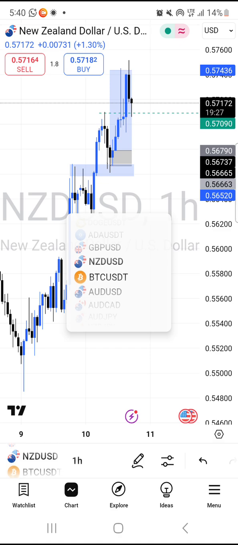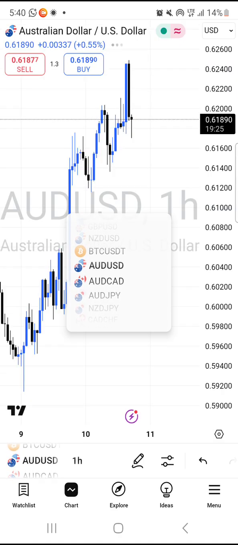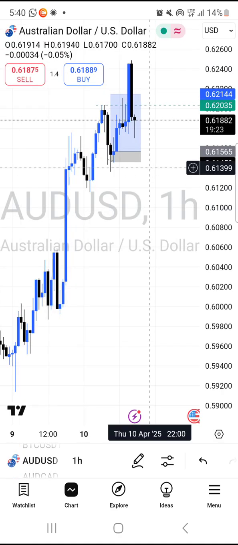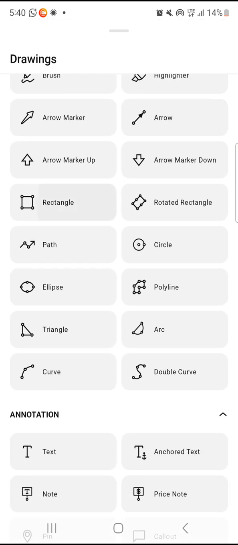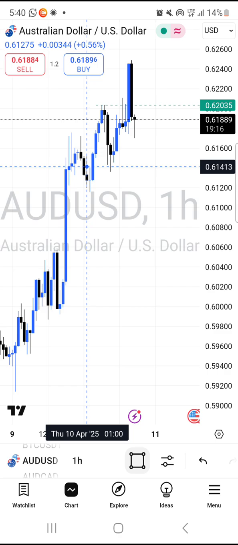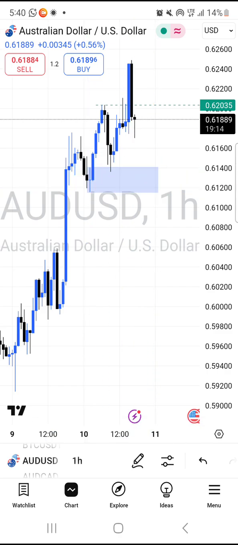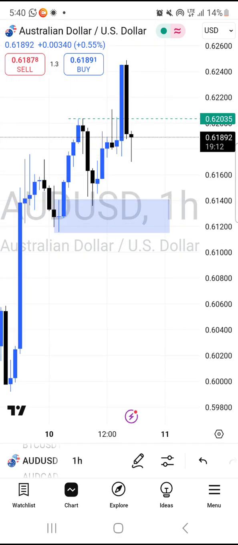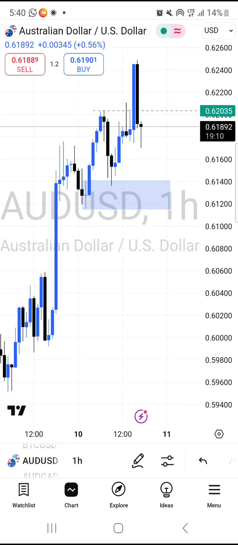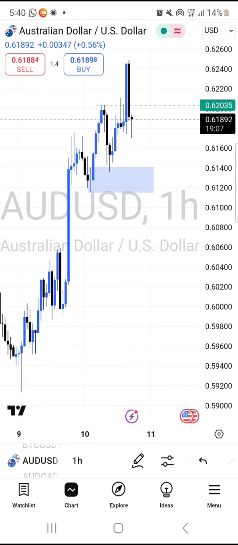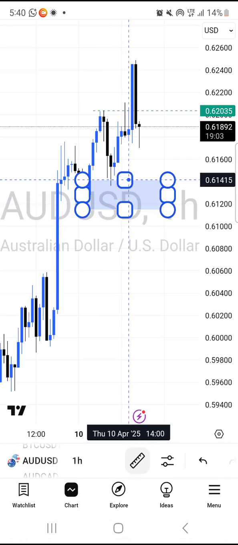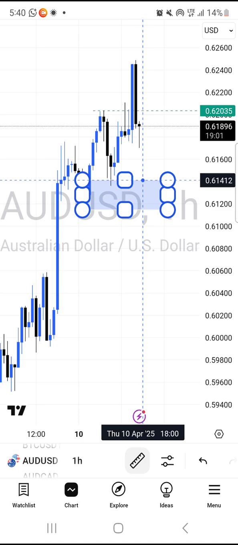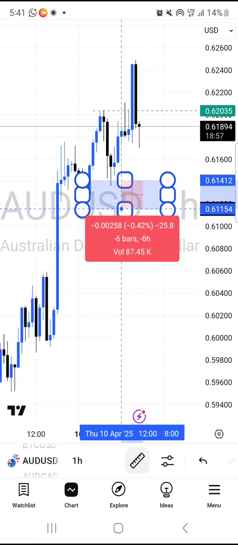So let me use AUD to teach you guys a little bit of risk management, just small, because I said I'm not going to teach you that. When you mark out your zone like this, when you mark out a candle like this, you click on the pencil icon, click on measure, then measure from the beginning of the rectangle to the end of the rectangle.